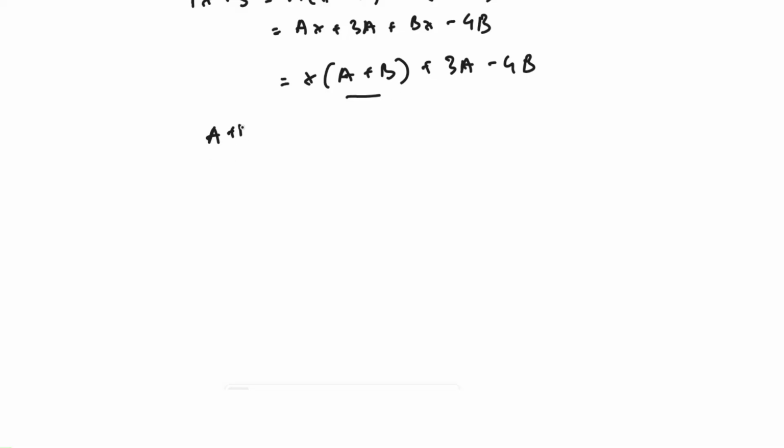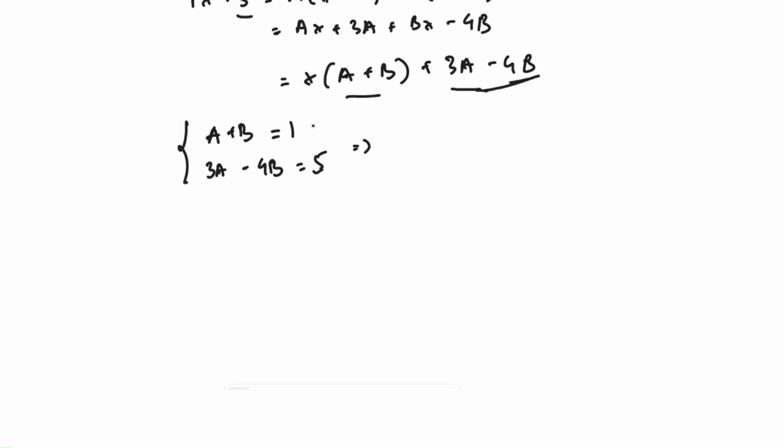So the first equation is A plus B equals 1. And the other one is the constant, the free coefficient, so that one equals 5. And we need to solve for A and B from this system of equations.